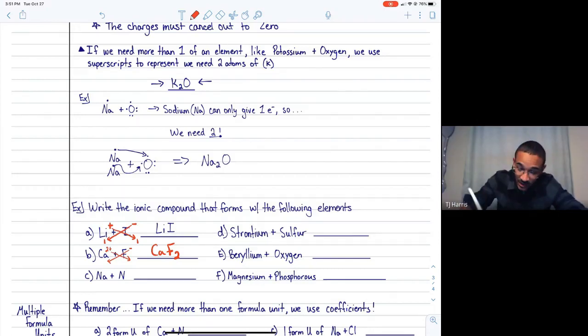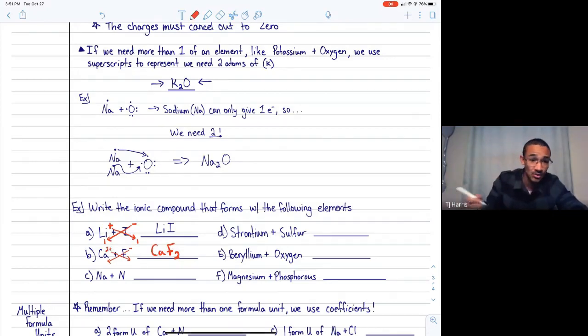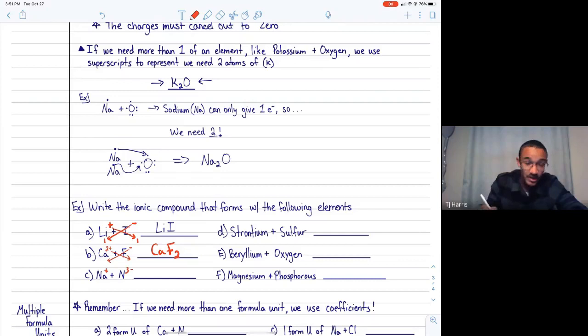See how that 2 down here came from the 2+ opposite. And see my arrow, the 1 that I don't even have to write because it's a 1, the 1 right there for calcium, it came from the charge opposite. So, sodium, what's the charge? +1. Nitrogen, what's the charge? 3-. Draw your arrows.